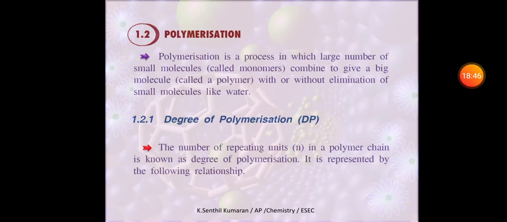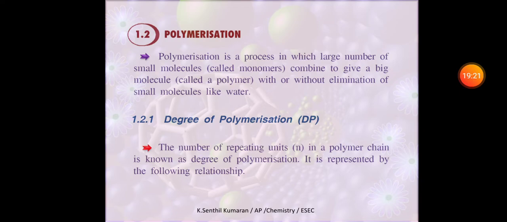Condensation polymerization means two or more monomers joined together with definitely some elimination occurring, whether water or HCl or any type of small molecule eliminated from the condensation process. This type of polymerization is called condensation polymerization.